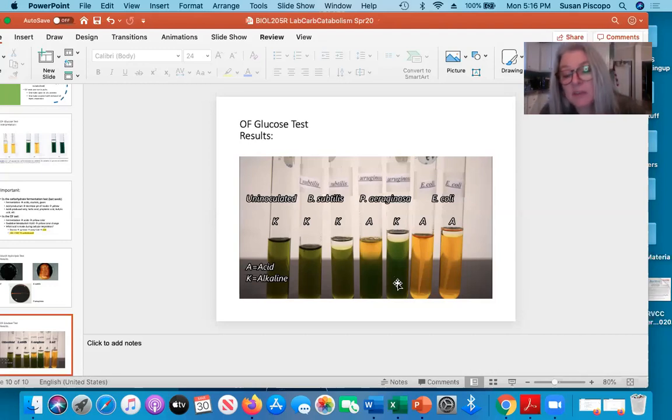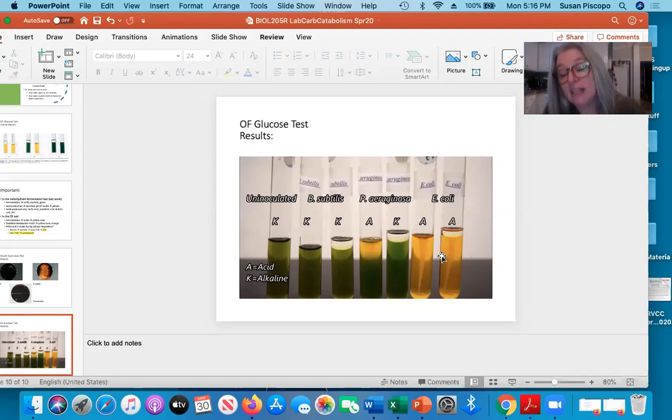So let's think about this for just a minute. Look at the E. coli tubes first. So E. coli, as you know, is a very interesting organism in that it is capable of living in a whole lot of different environments. We've used it all semester long, and we've seen that it can grow under all different kinds of conditions.